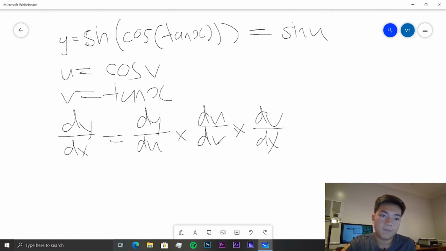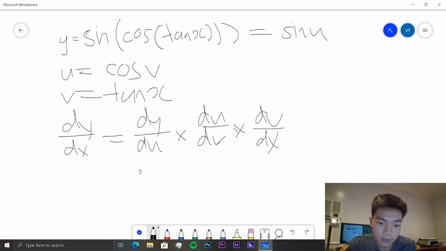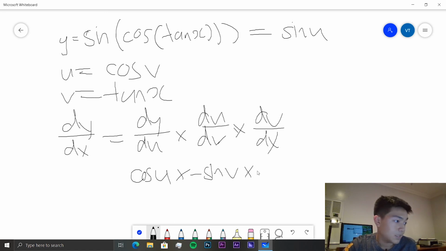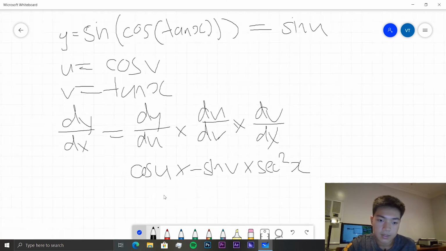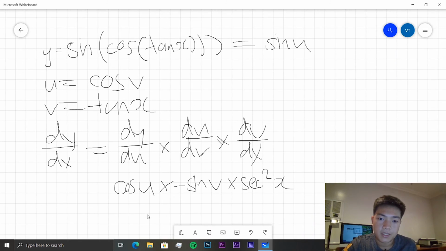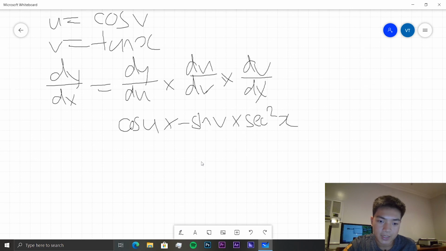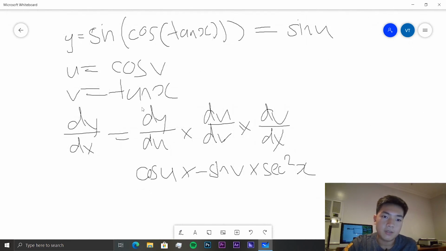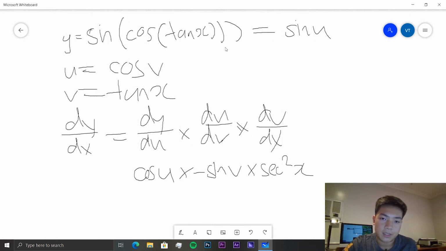dy over du, the derivative of sine u, is cosine u, times the derivative of cosine v, which is minus sine v, times the derivative of tan x, which is secant squared x. Now we can substitute what u, v, and x are. Cosine u is cosine v, which is just cosine of tan x.